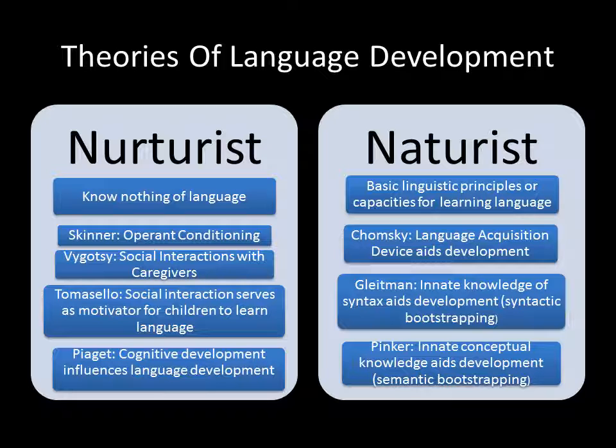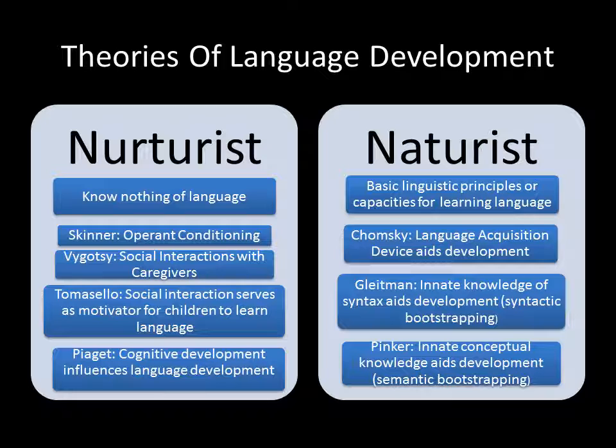For example, if a child said ba ba ba ba ba and the mother brought the child the bottle, the child was reinforced by making that sound, so then he would repeat it again and again, thus becoming a word and developing language.